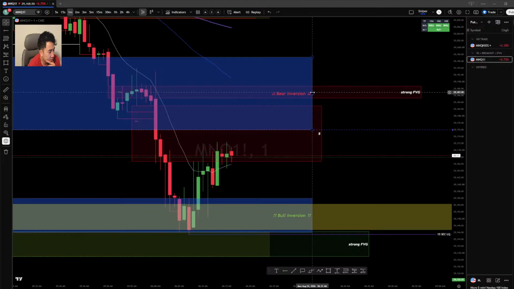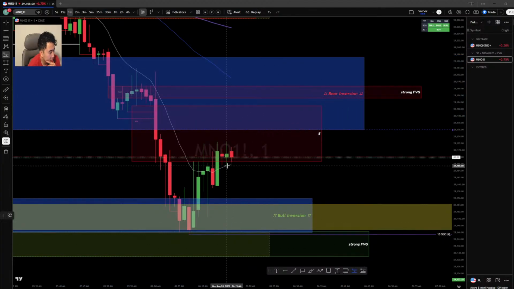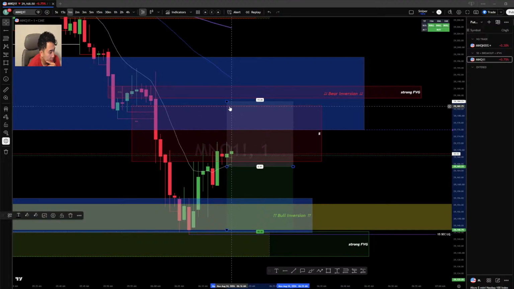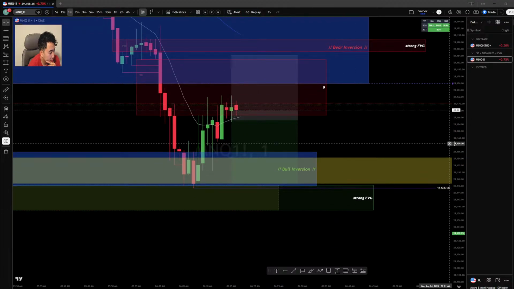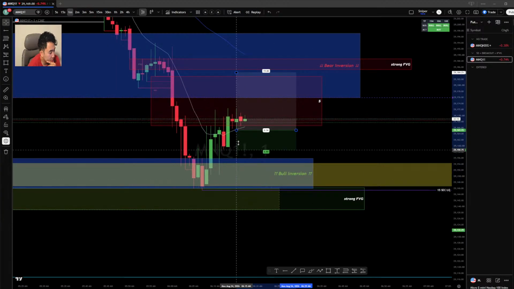So if this bearish inversion zone holds up here and you're looking to enter below this 13 EMA, I'd say that would be pretty decent.